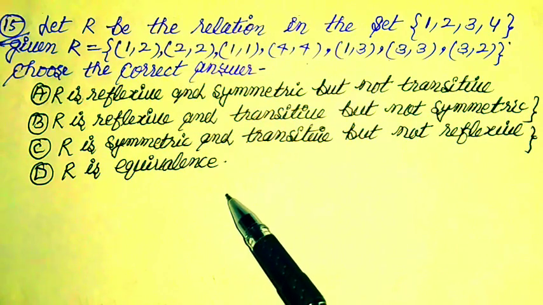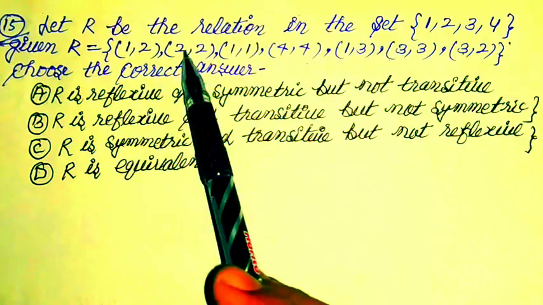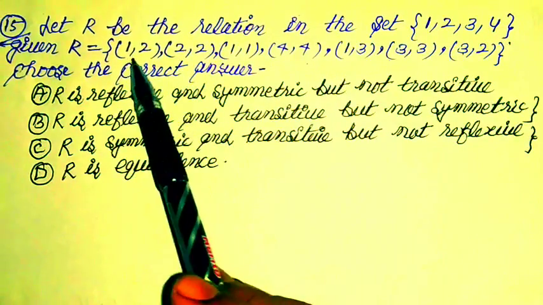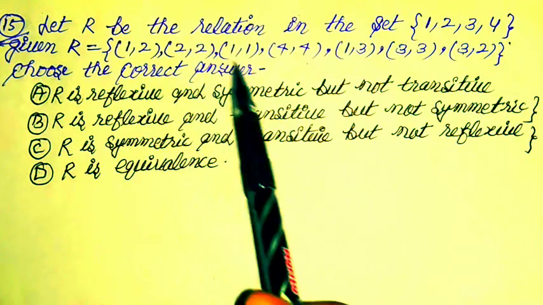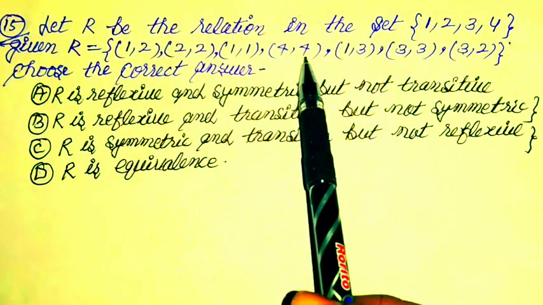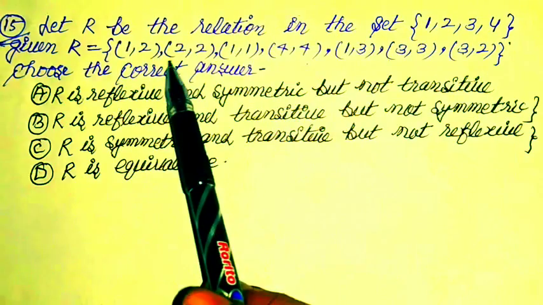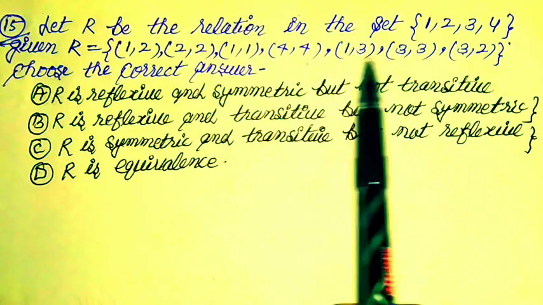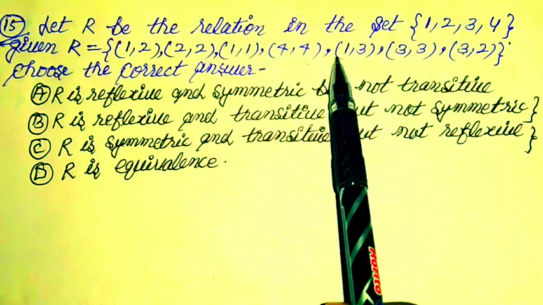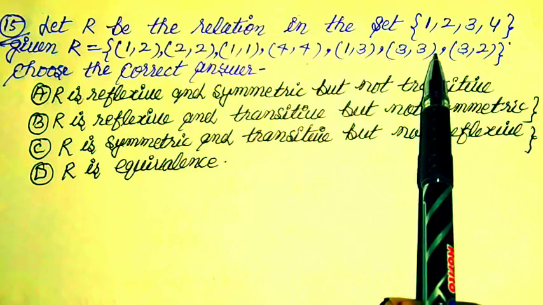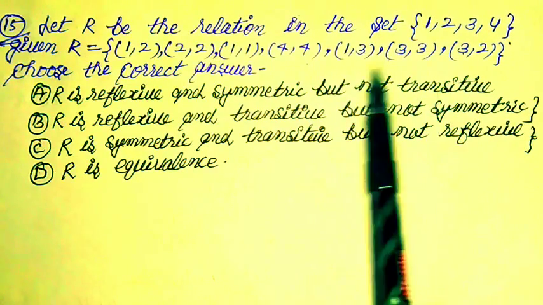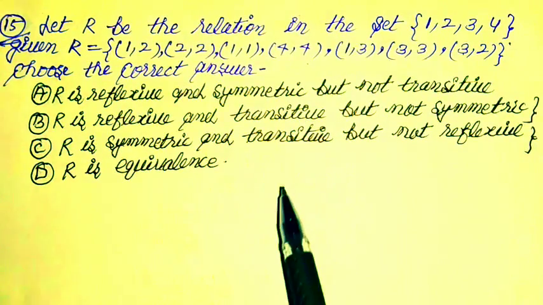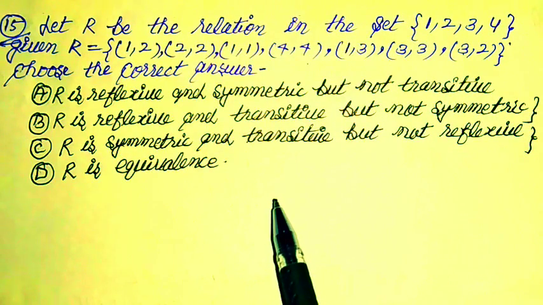In transitive, we see (1,2) present here. If we take 4 as common, there is no other condition here. From (4,4) and (3,3), we get (1,3) here. So all the conditions of transitive are present in the relation. So we can say it is reflexive, transitive, but not symmetric.